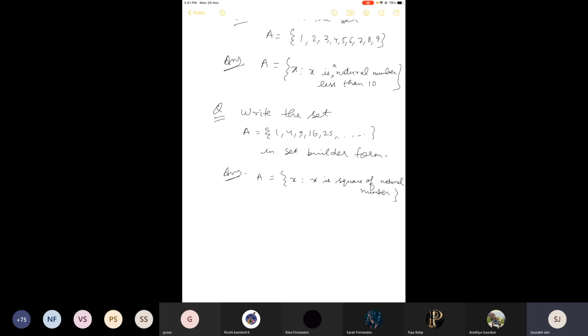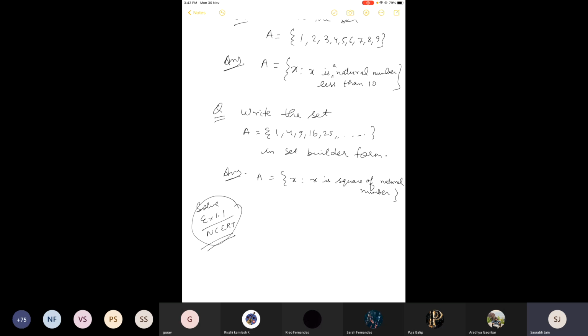Okay, so now you have understood how to write sets in roster form or set builder form. Based on this you will be solving exercise 1.1 of NCERT. Till this, NCERT exercise 1.1 is covered.